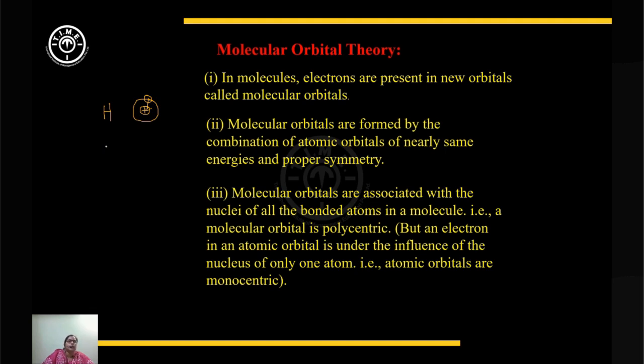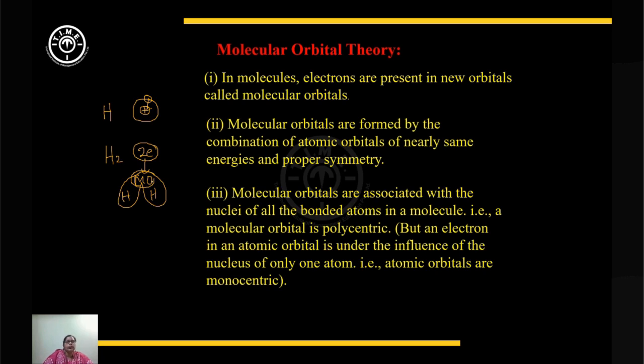But if we take a molecule H2, the two electrons are present in the molecular orbital and that molecular orbital is under the influence of the two hydrogen atoms, the nuclei of the two hydrogen atoms. This molecular orbital is influenced by the nucleus of this hydrogen as well as the nucleus of the second hydrogen atom.